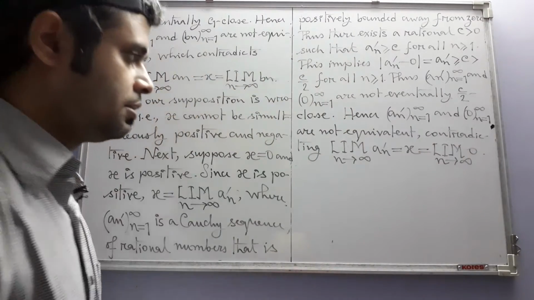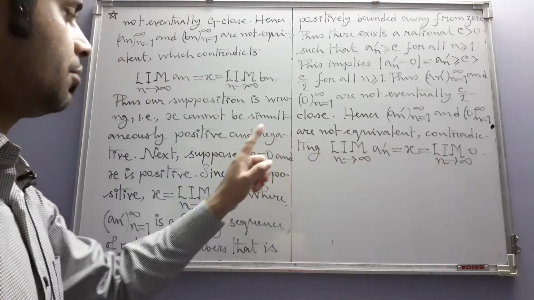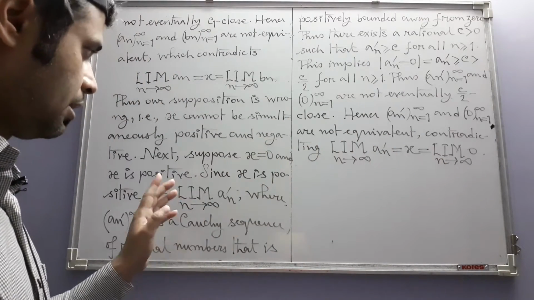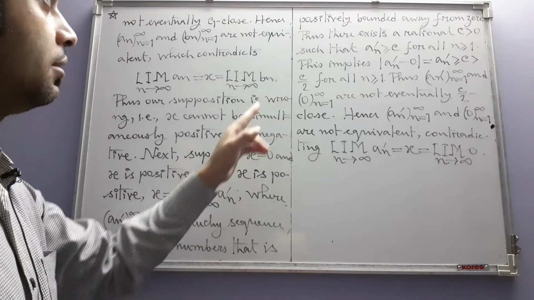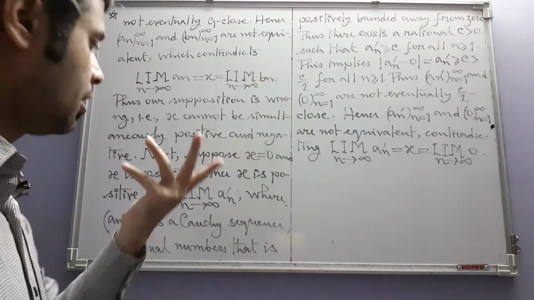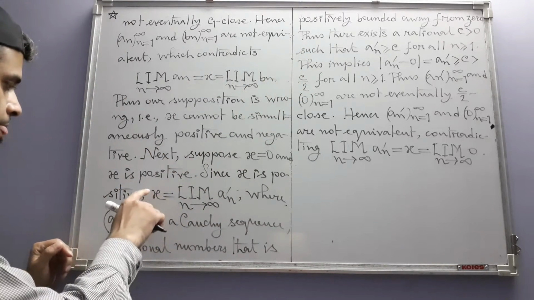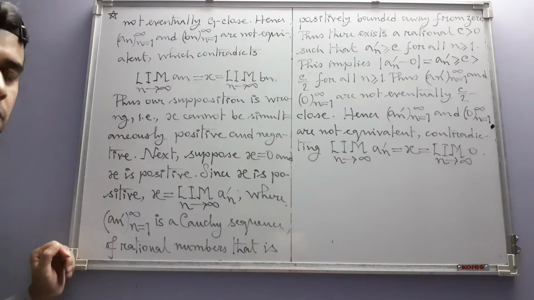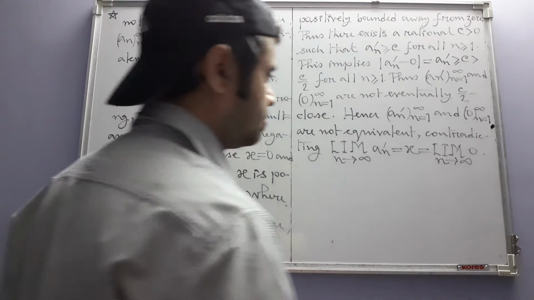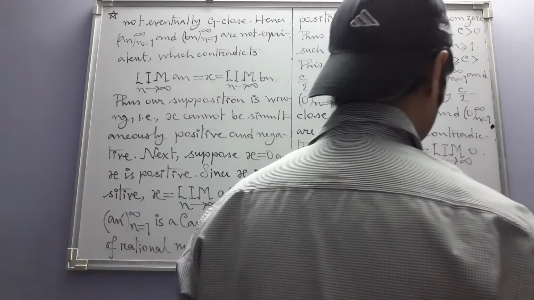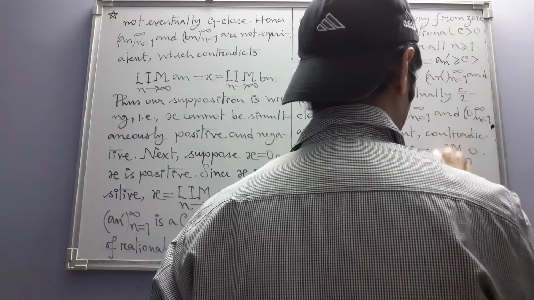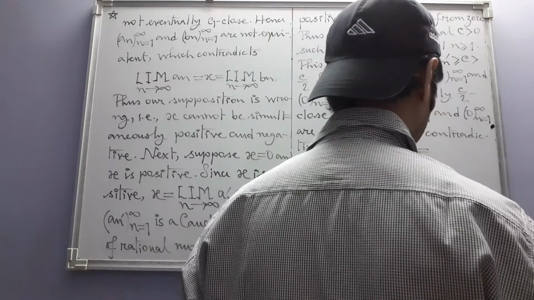This second equation is coming from our assumption that x is equal to 0. In fact, if you want, you can write one more line, one more step.